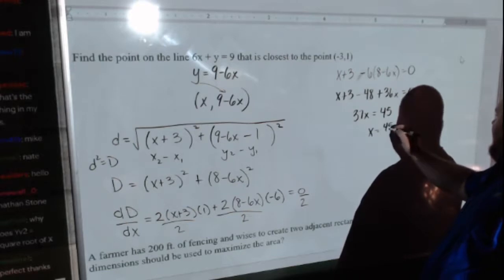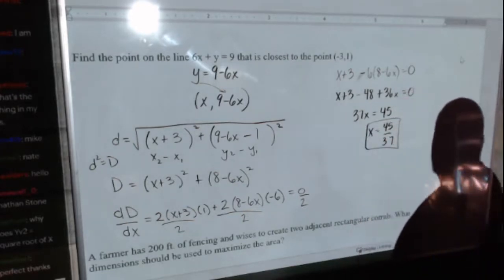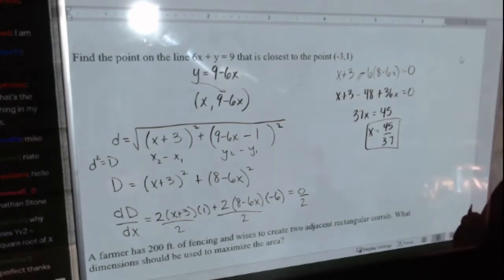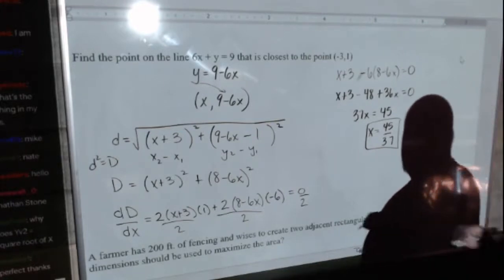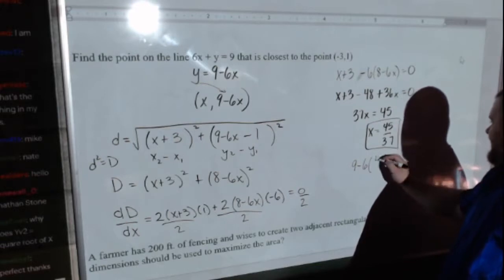So not a very pleasing value to end up with. So that would be x, and then we have to get y as well, so that would be 9 minus 6 times this value.